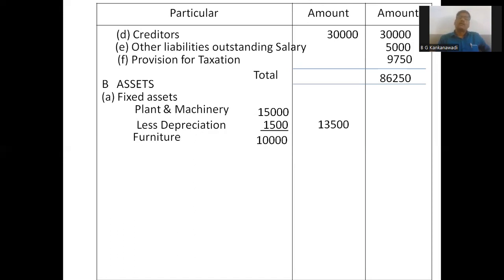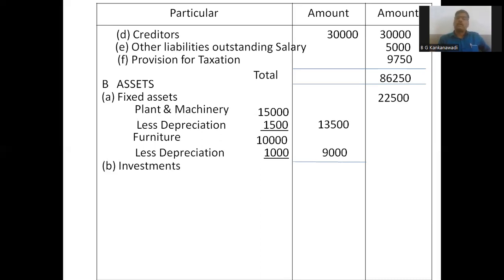Then furniture, opening balance is 10,000 less depreciation 1,000 as already calculated. 9,000 is the balance. So total of the two is 22,500. That is called fixed assets. Next you take investment. Investment is nil. Loan and advance is also nil.